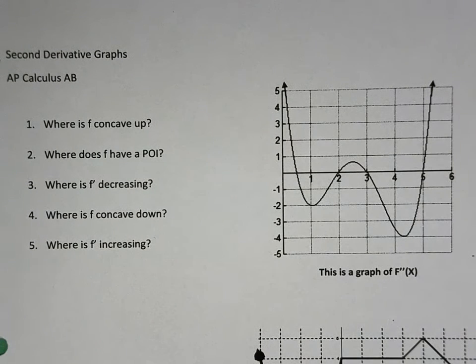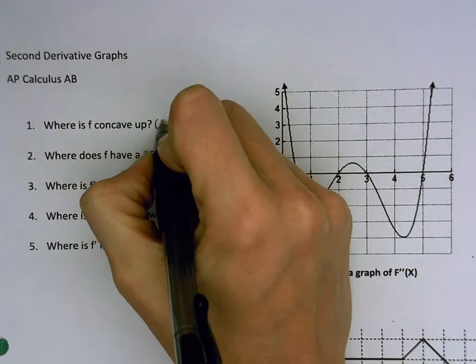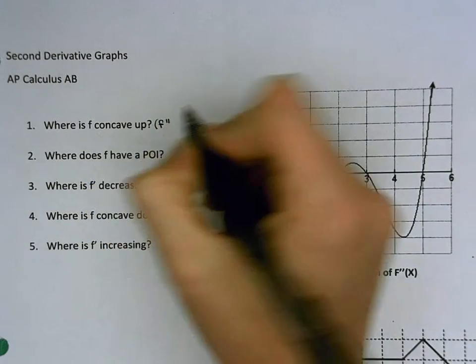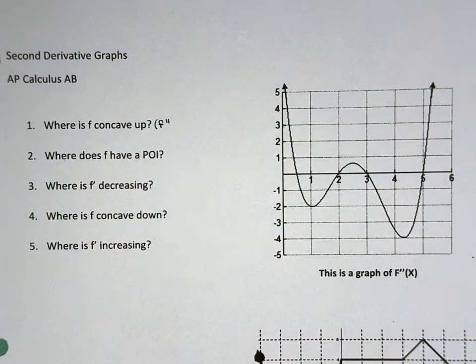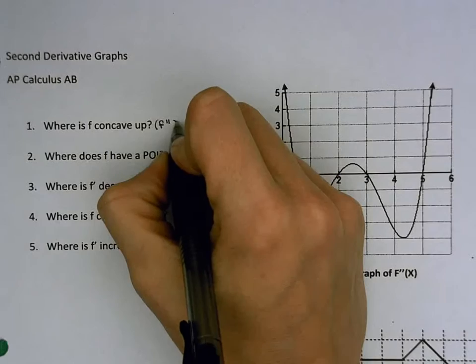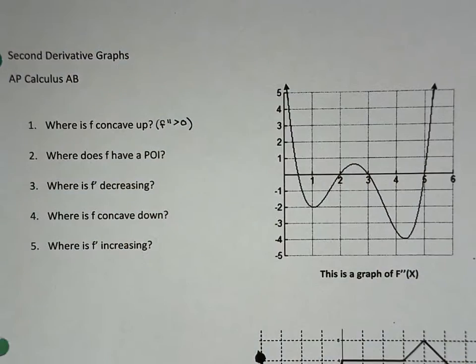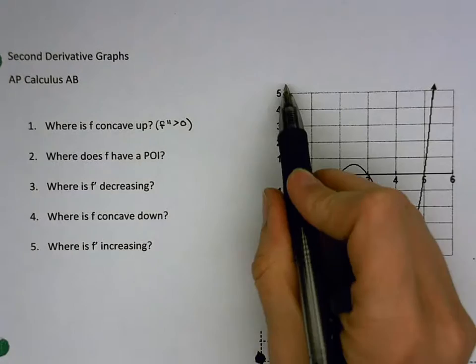If this were an f graph, that would be easy to answer. F concave up like a cup, and I'd be looking for my cups. But this is not an f graph. This is an f double prime graph. And so I need to translate my directions, f concave up, into f double prime. So f is concave up when f double prime is positive, which means to address this question, we're going to be looking at where this graph is above the x-axis.